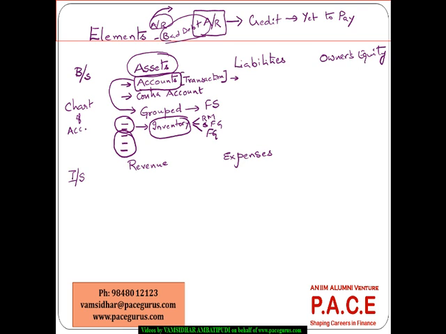It's like I'm having a big chart of all the accounts that are applicable to this particular firm, which means all of them will be grouped into one of these five elements. All these accounts are associated with one of these five elements, and may be grouped from the perspective of presentation in the financial statement, right?